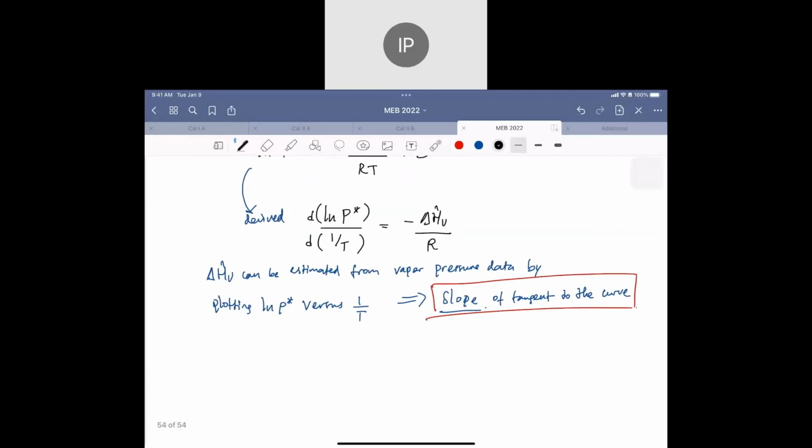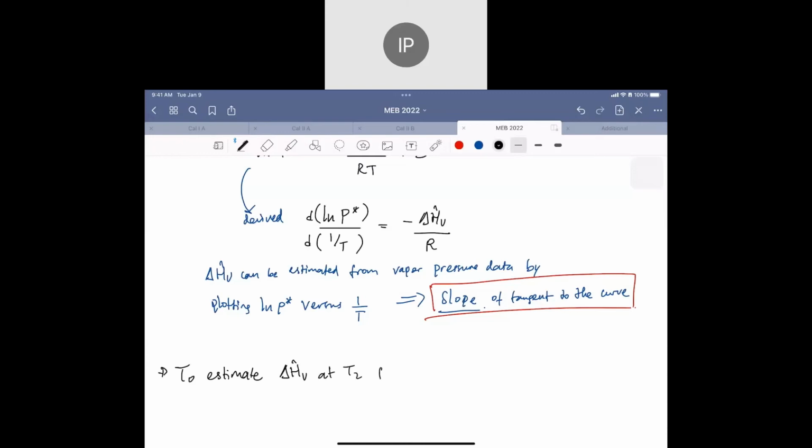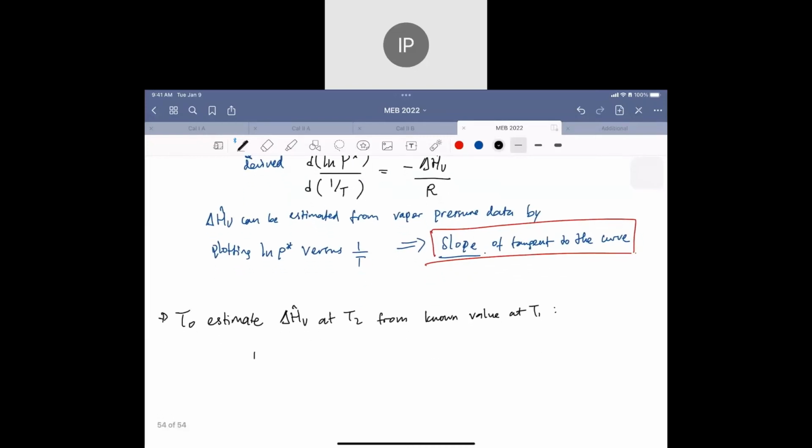Okay, another point is to estimate the heat of vaporization at some temperature, like at T2, from a known value at T1, using Watson's correlation.